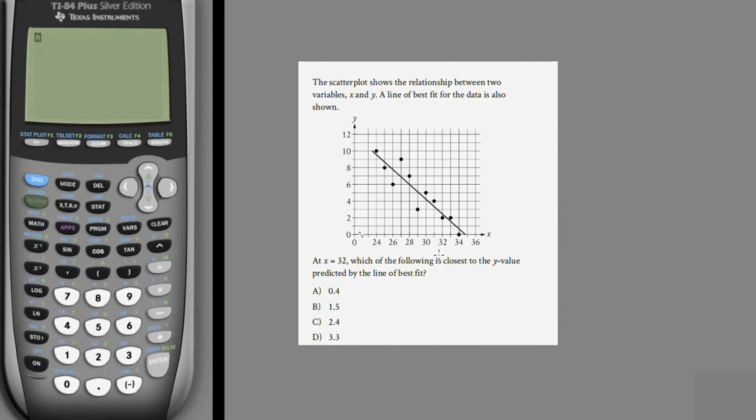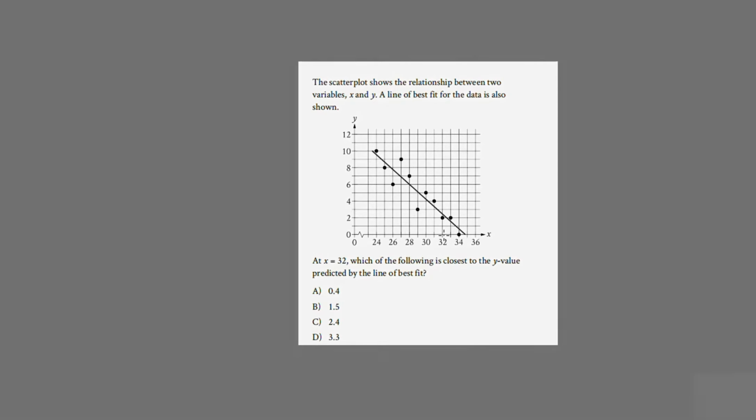So we have x equals 32. When you trace it, when x is 32 here, your y is between 2 and 3. It's around 2 basically. So the line of best fit is at this point, close to this point of intersection.